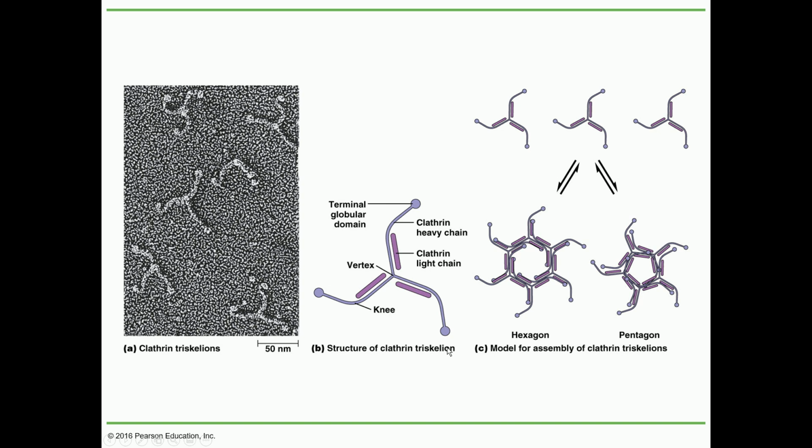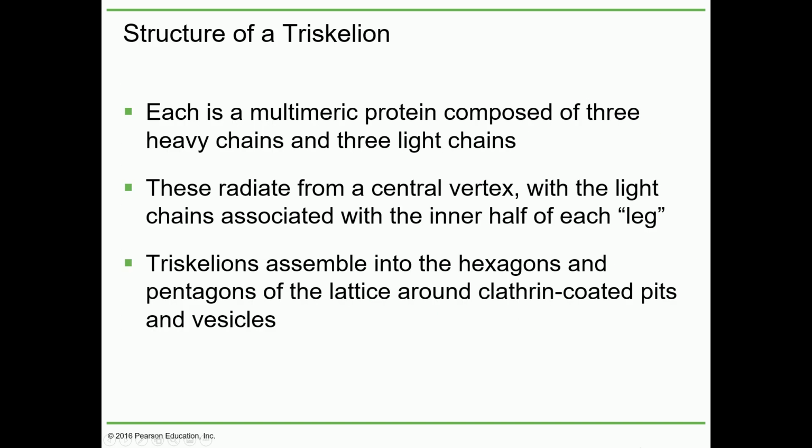So the basic structure is triskelion, and it can assemble in different ways, in the form of a hexagon or a pentagon. Each triskelion is a multimeric protein composed of 3 heavy chains and 3 light chains. As I said, these radiate from a central vertex with the light chains associated with the inner half of each leg.